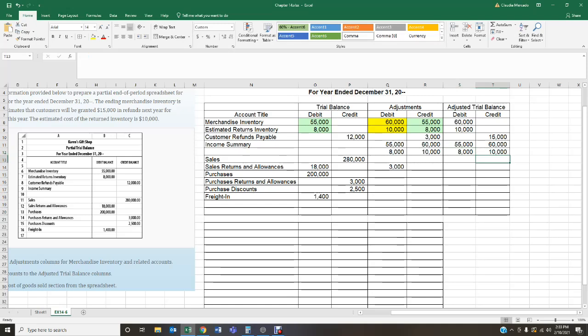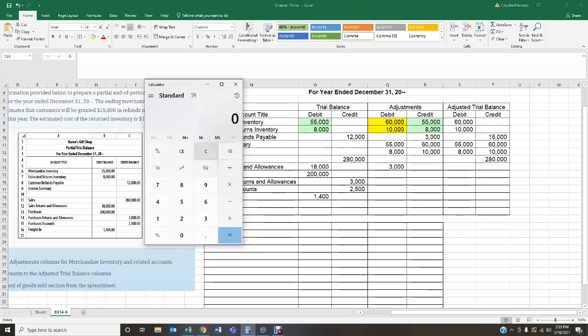Okay. Now I am going to work on my next section, which is my sales. There were no adjustments to sales, so that's going to stay as a credit of $280. Now my sales returns and allowances, I had a debit of $18,000, then I have another debit of $3,000.